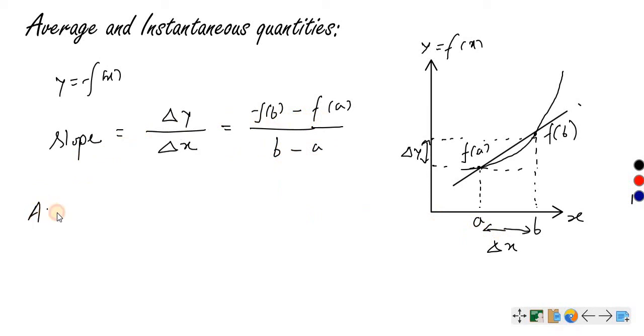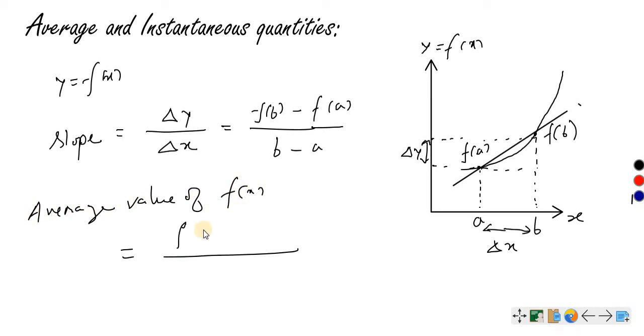We can write that the average value of f of x is equal to del y by del x, that is the slope, which is equal to f of b minus f of a by b minus a.